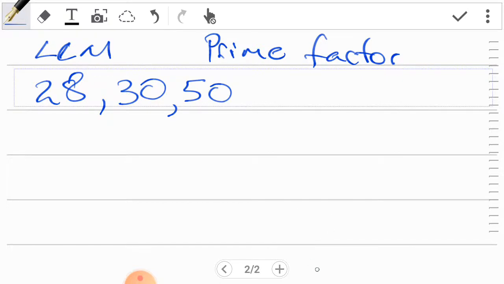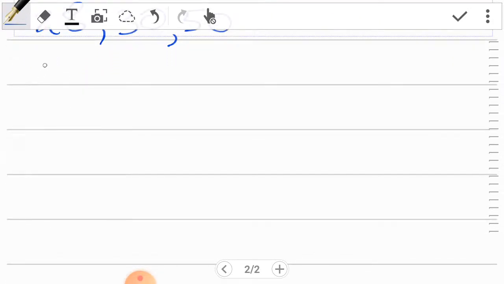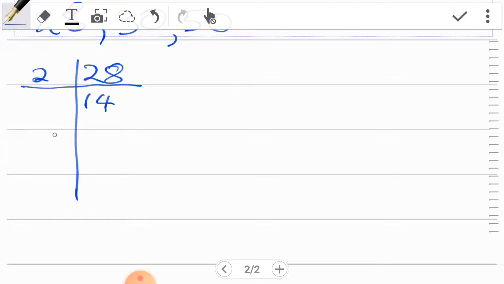So we're looking at the prime factors of 28 right here. We could do prime factors a number of ways. So this is my 28. I'll ask myself, what's the lowest prime number that could go into 28? That's a 2. 2 into 28, and then we get 14. Again, what's the lowest prime number that could go into 14?